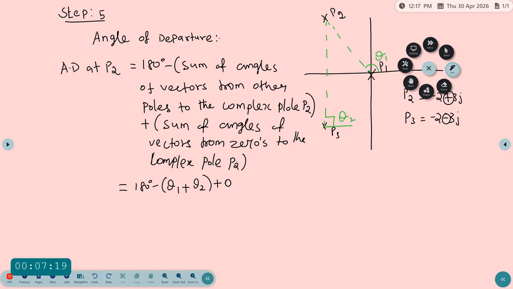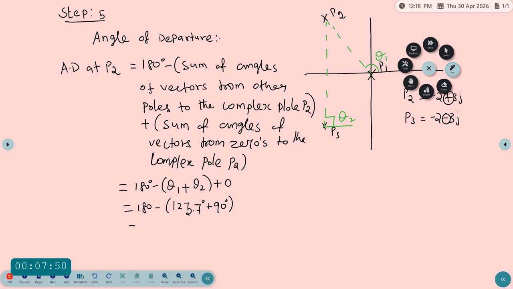Now we should measure using a protractor. We can measure the phase angle of theta 1 and theta 2. Theta 2 is a right angle, so 90 degrees. For theta 1, we measure using the protractor, and theta 1 is 123.7 degrees.